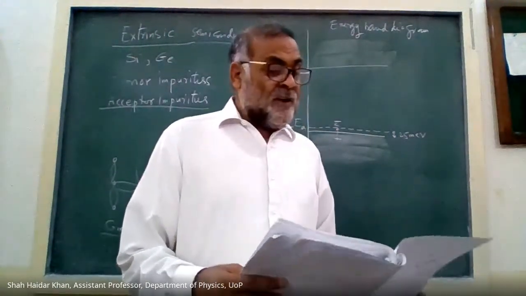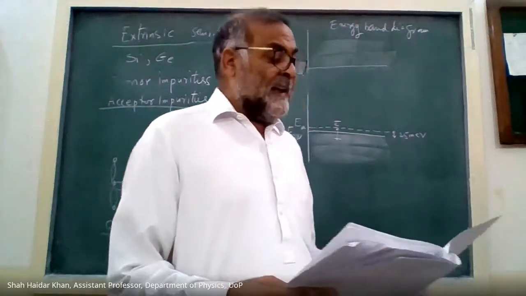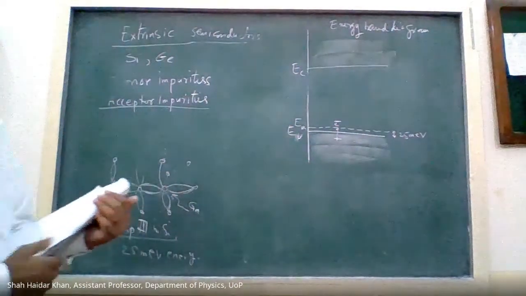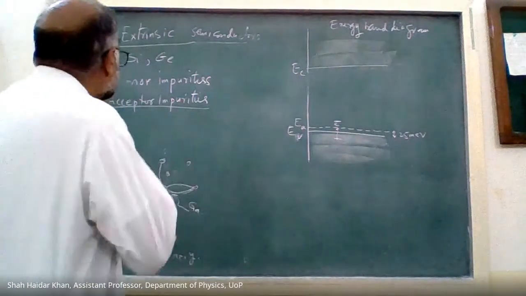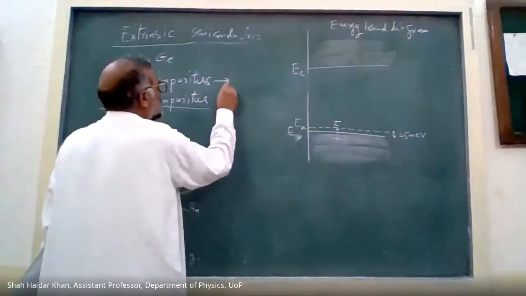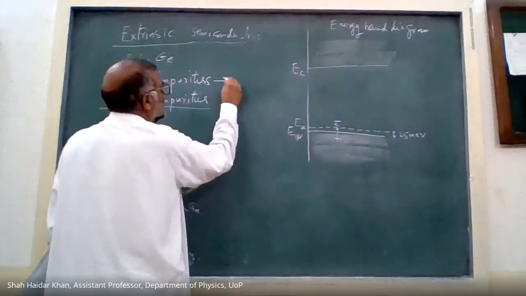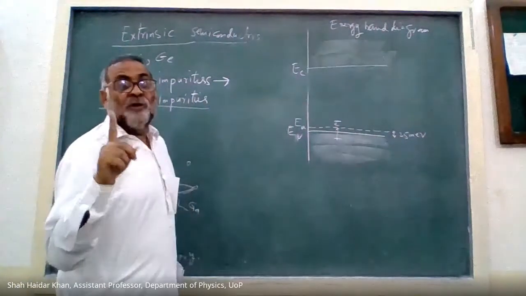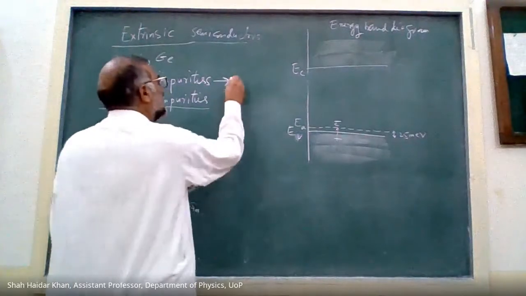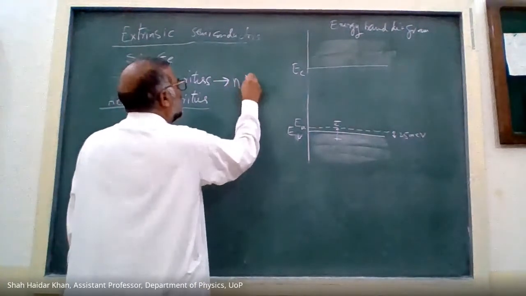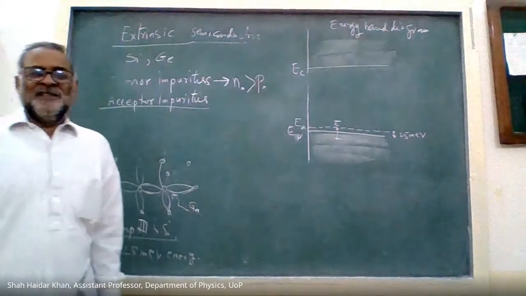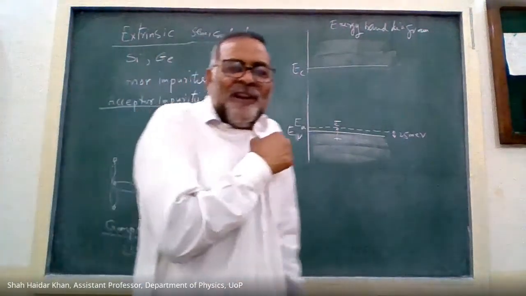You can also have a 3-5 semiconductor. For donor impurities, we will have a number of electrons greater than the number of holes, so n naught will be greater than p naught, because we have donor electrons.